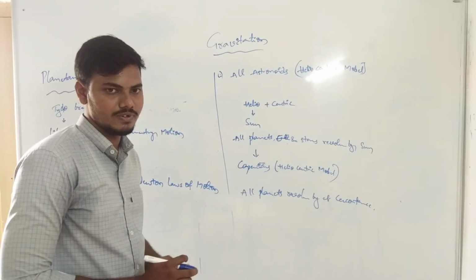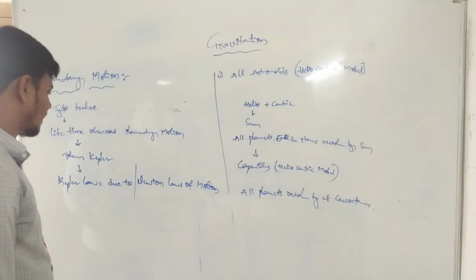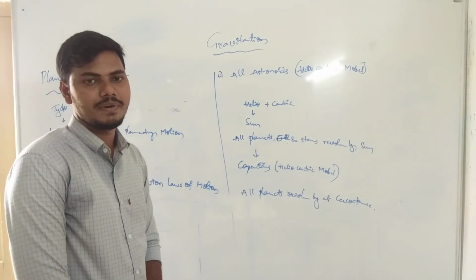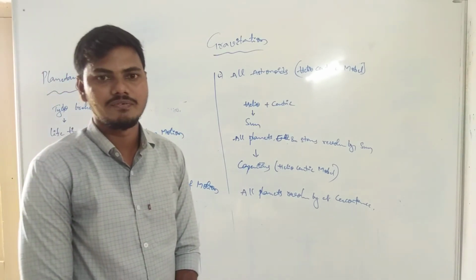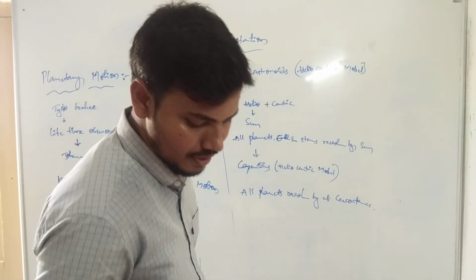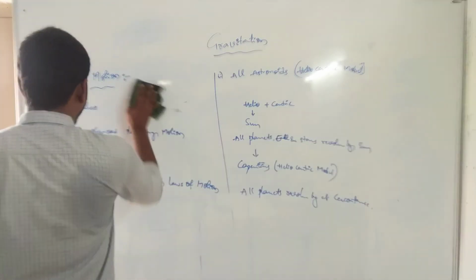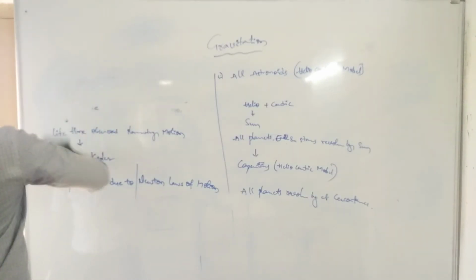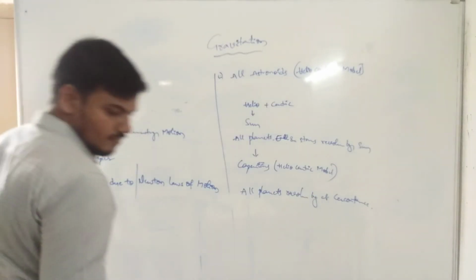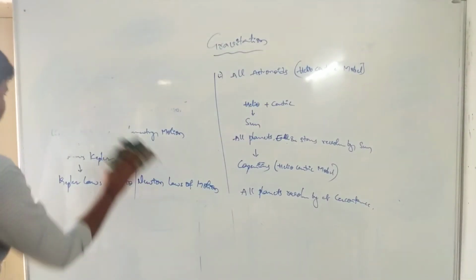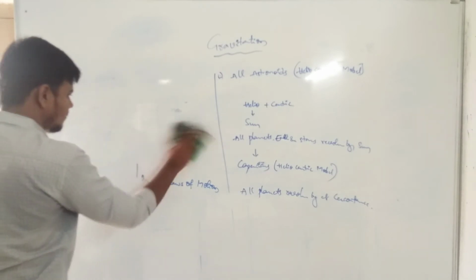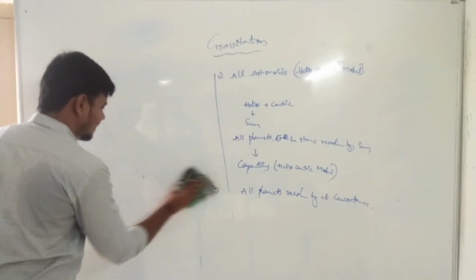Now what kind of laws do we introduce in Kepler's laws? Kepler's laws are mainly three types.